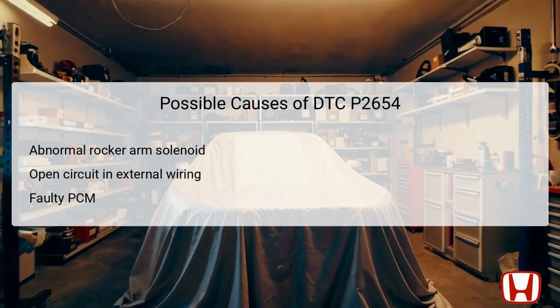Wiring faults can disrupt communication between the solenoid and the PCM. Lastly, a malfunctioning powertrain control module, PCM, could also trigger this error. The PCM might not be sending the correct signals to the solenoid, which can affect the overall performance of the VVT system. Each of these causes can severely impact vehicle performance and efficiency, making systematic troubleshooting essential.